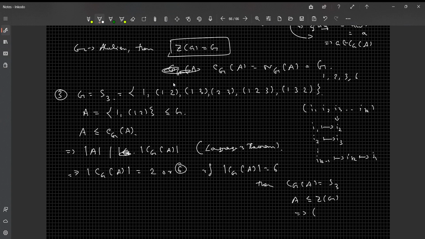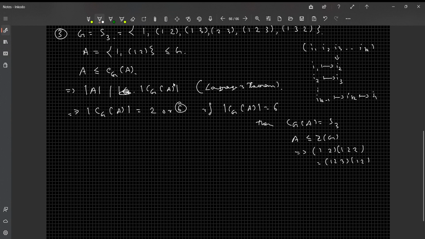But (1 2)(1 2 3) is not equal to (1 2 3)(1 2), right? So what I actually mean to say is that the element (1 2) doesn't commute with (1 2 3). So that means this is not possible. Every element of A does not commute with every element of S3, right? Therefore a contradiction.